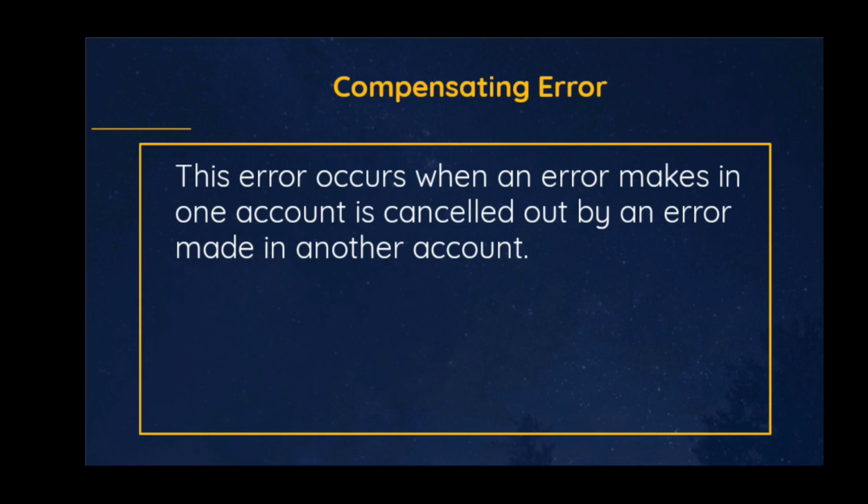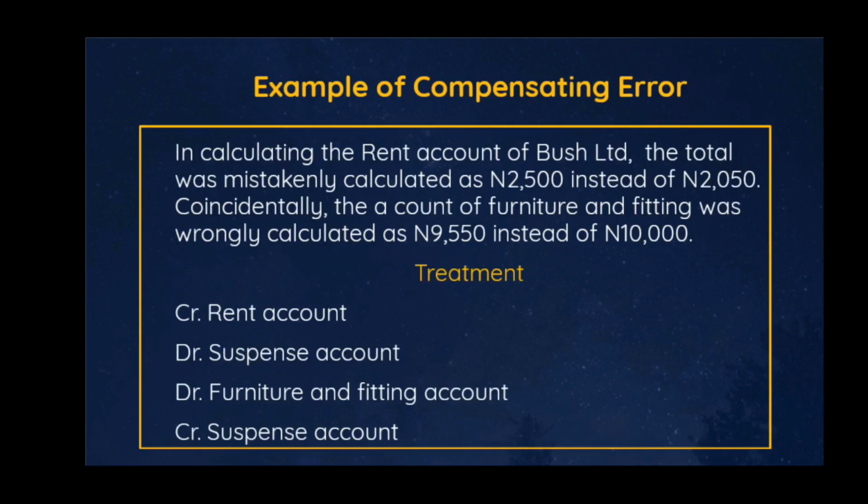Let's take an example under the compensating error. In calculating the rent account of Bush Limited, the total was mistakenly calculated as 2,500 instead of 2,050 naira. Take note of that. That means there is an excess of how much? 450 naira. So let's go further.